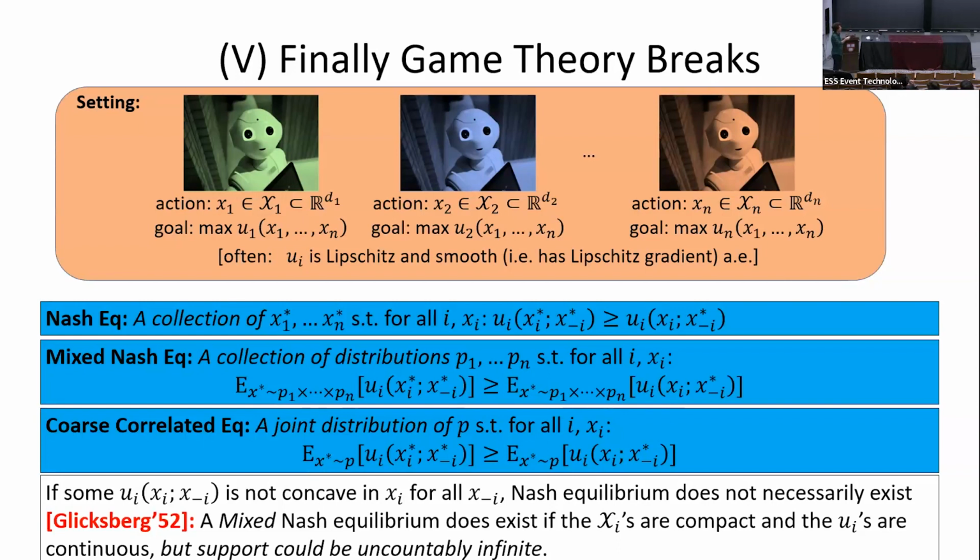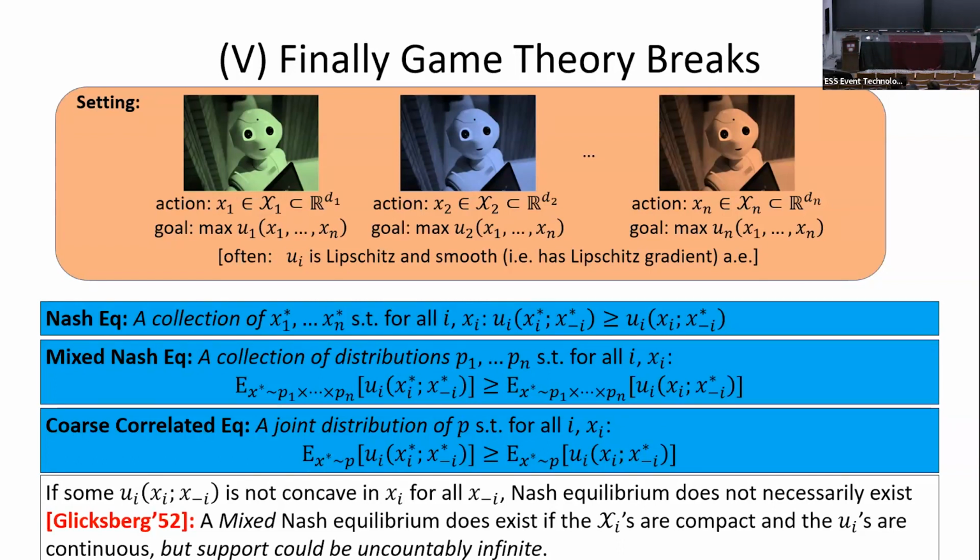So if the utilities are continuous but not necessarily concave, and you allow the generator to set its parameters in a randomized way, and the discriminator to set its parameters in a randomized way, then you get a Nash equilibrium back.